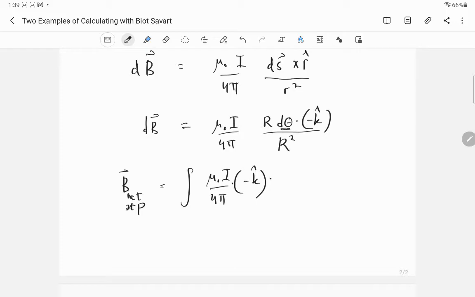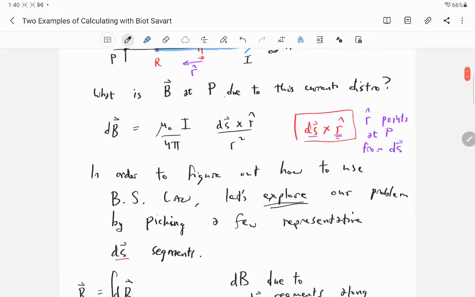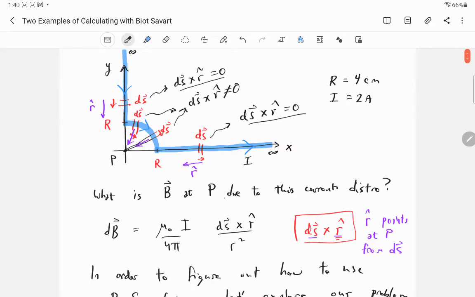And then capital R, and dividing by R squared is 1 over R. So it's d theta over capital R. And the integral just goes over the arc. So the way you go over the arc is you go through angles, right? Let's say you start at angle 0, which is this direction, and then you sweep to this angle and this angle, this angle, this angle, that angle. That's a sweep through 90 degrees.